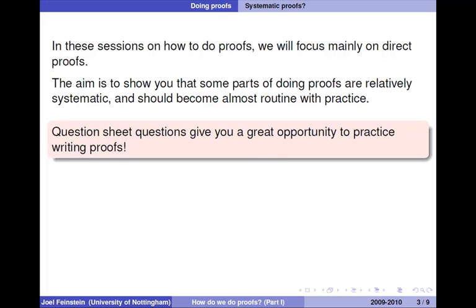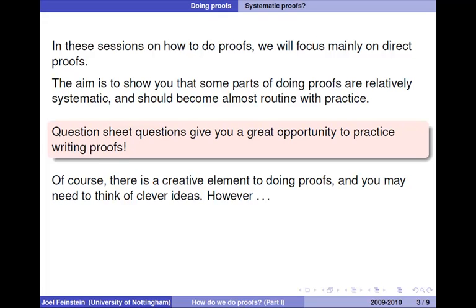So do as much as you can on the question sheets, because they're full of proofs, and there's nothing better for learning how to do proofs than trying to do proofs. So as I said, you may need to come up with some clever ideas. Probably not very many clever ideas needed in the second year pure modules.